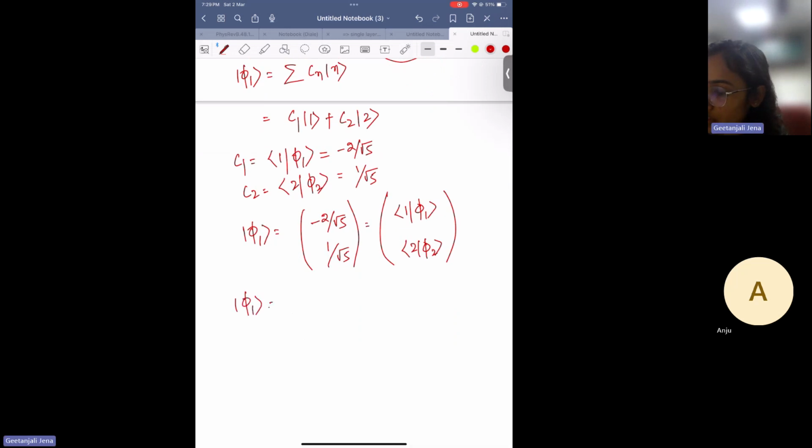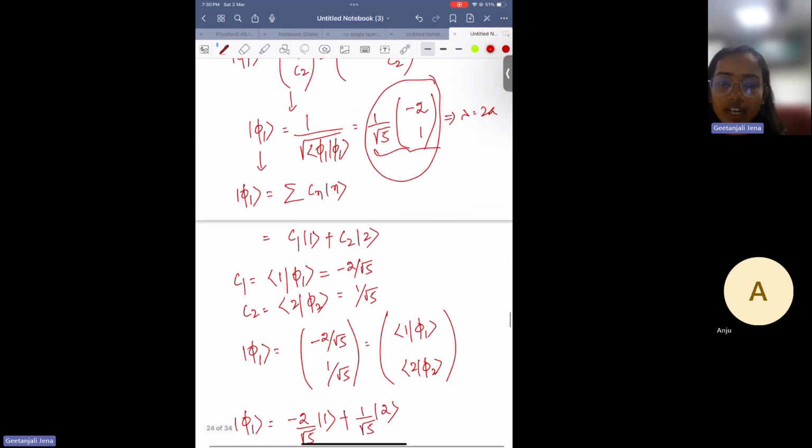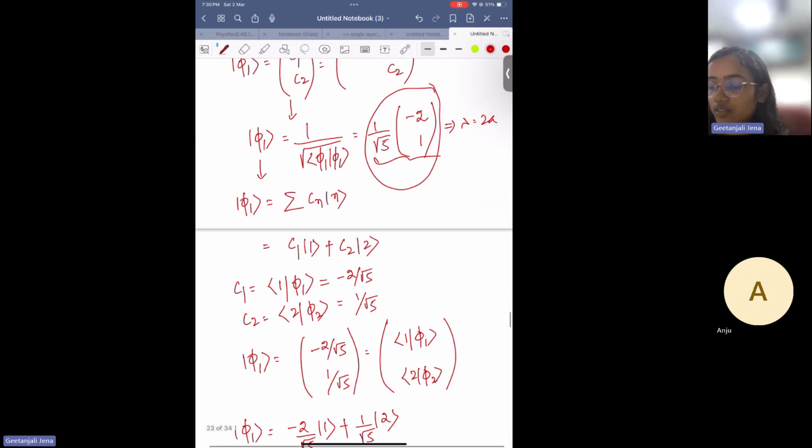So that means phi 1 is nothing but minus 2 by root over 5, 1 plus 1 by root over 5. So this is how you can find out the eigenvector, and you can write it in terms of Dirac notation.